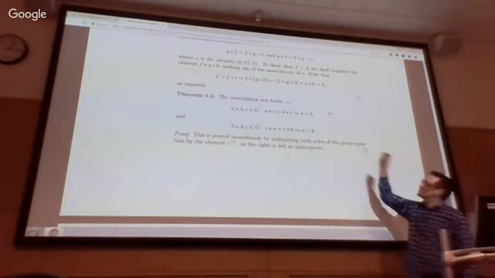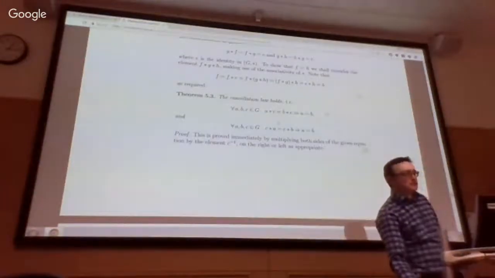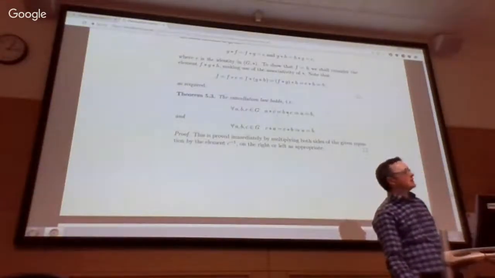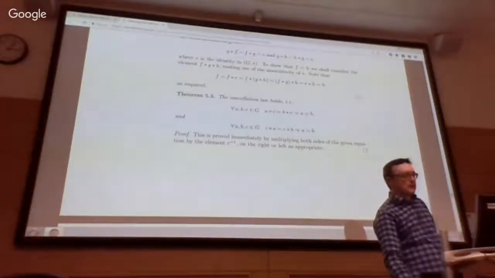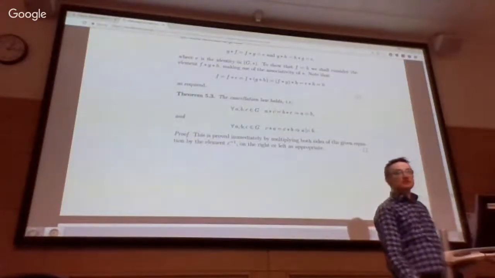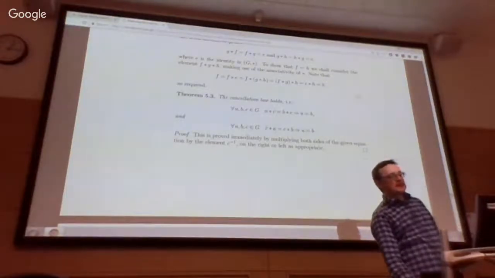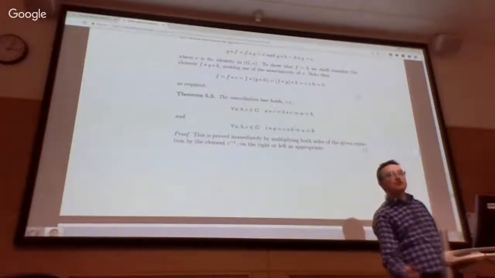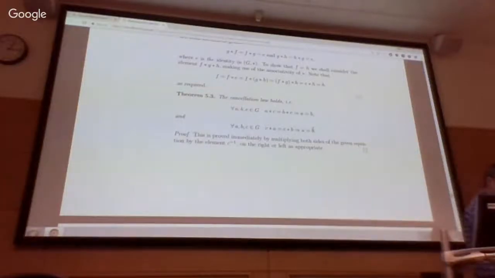So you simply multiply both sides of the first equation by C inverse on the right. That would cancel out the C and give you A. And similarly, you can cancel things from the other side as well. If you had C times A equal to C times B, you could conclude from that A equals B.